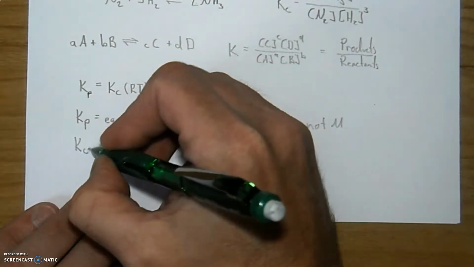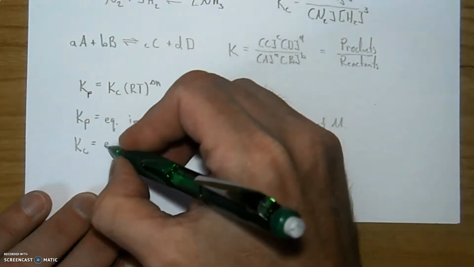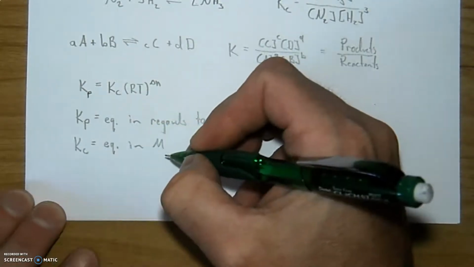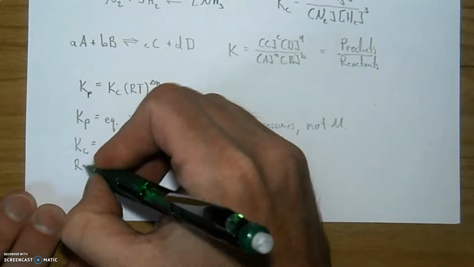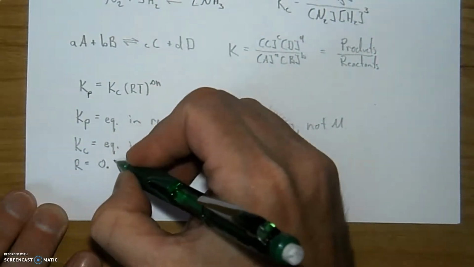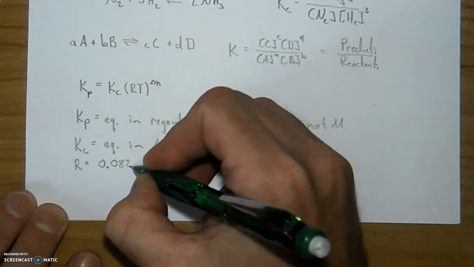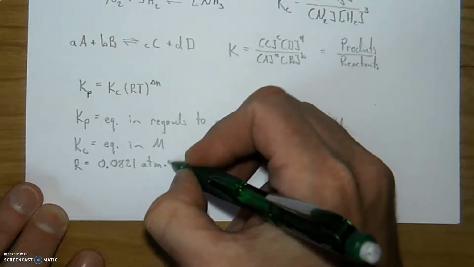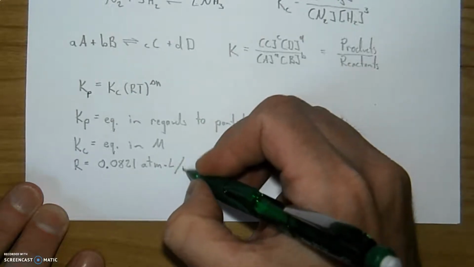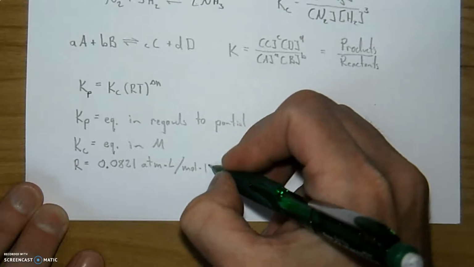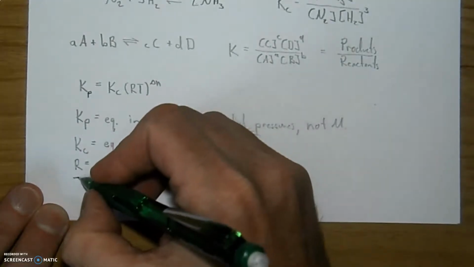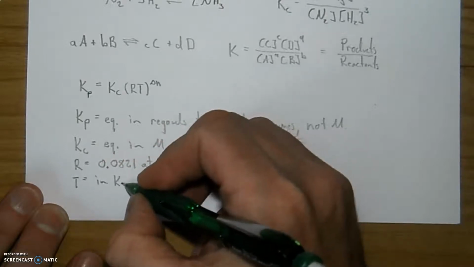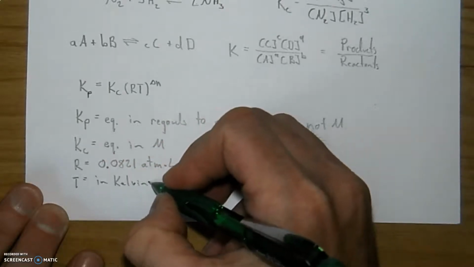Kc is equal to equilibrium in molarity, concentration. R is equal to 0.0821. And just so we're familiar with all the units, ATMs times liters over moles times kelvins. Temperature is in kelvins.